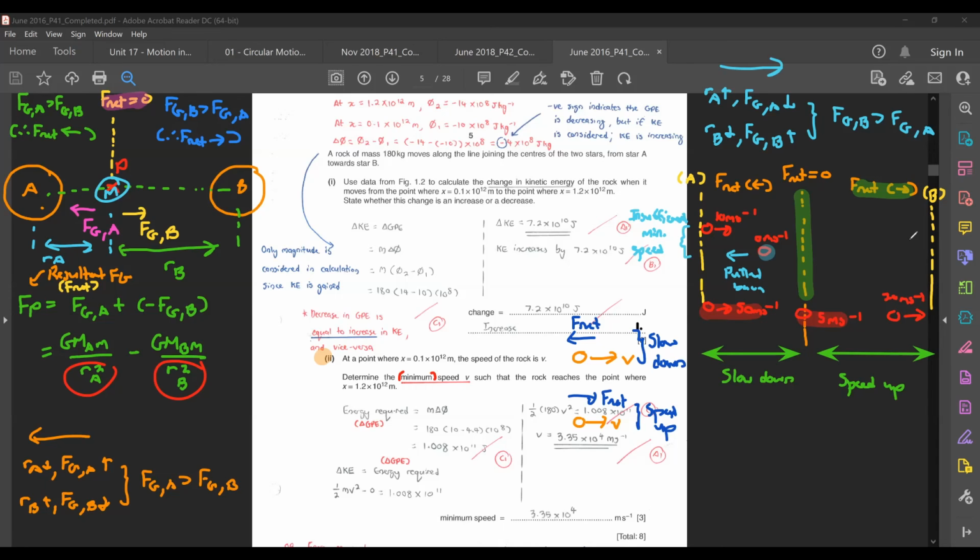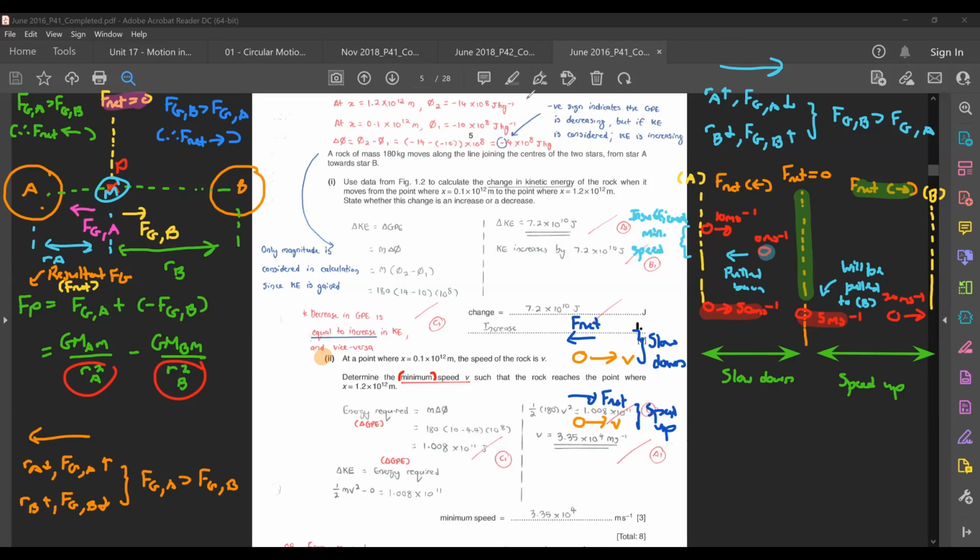It speeds up and then it will hit star B. Okay, so once it reaches this point, it will be pulled to star B. Because what then kicks in is that your net force is in the same direction as your motion. You don't need to do anything already. It will no longer slow down. It will instead now start to speed up towards star B.